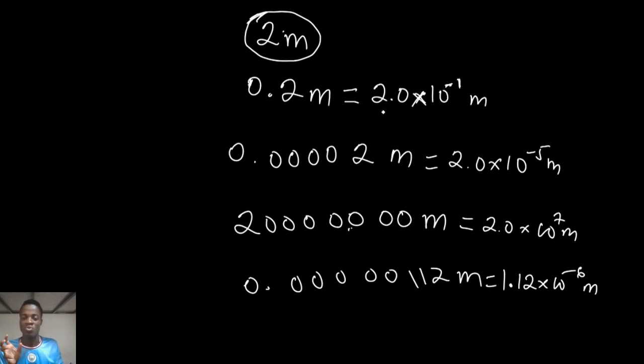Then the unit will be adjusted in a way that it captures the decimal component, so that the original value does not change. We need to change the decimal component that we have. That's when prefixes come in. They replace this decimal component, allowing very small numbers to be changed into something easy to handle. In this case, 2.0 times 10 to the power, this is the decimal component that changes to this.